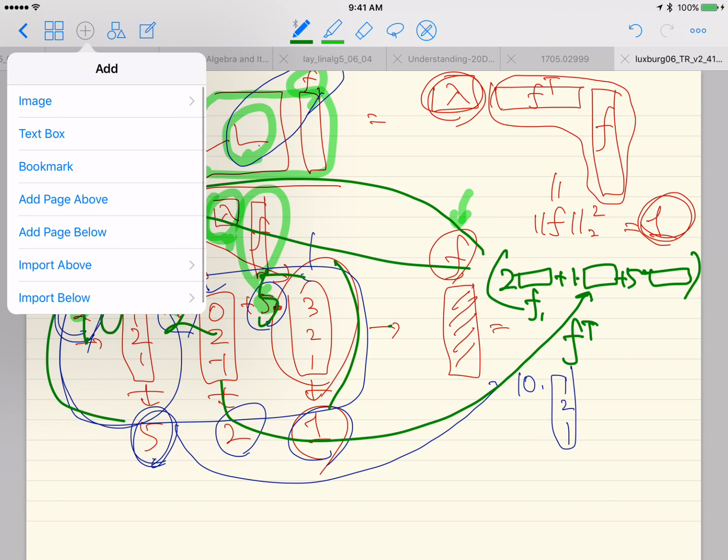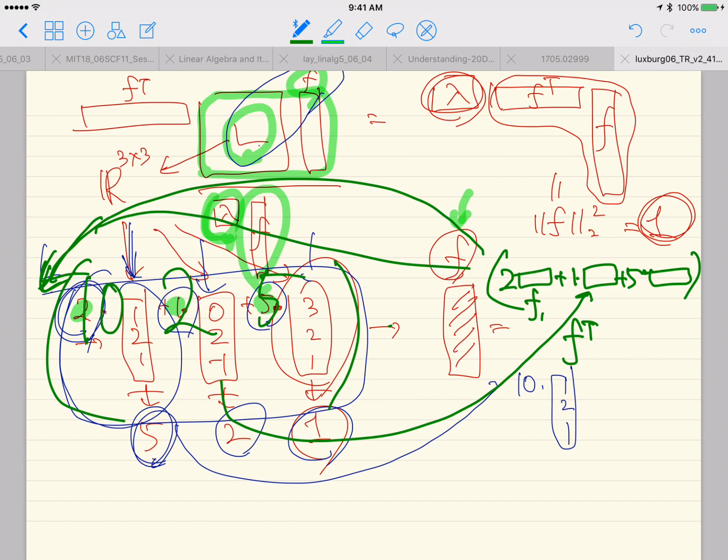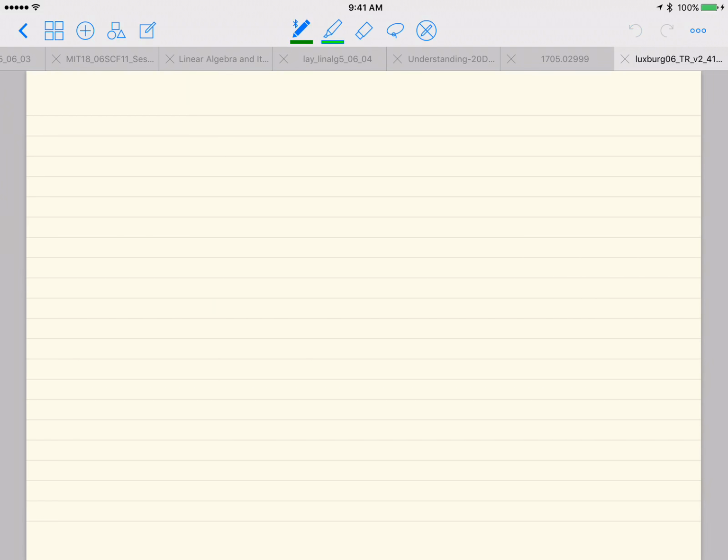So it's something like this: 2x plus 1y plus 5z, transposed, right?